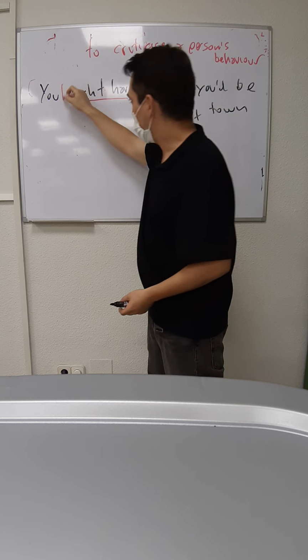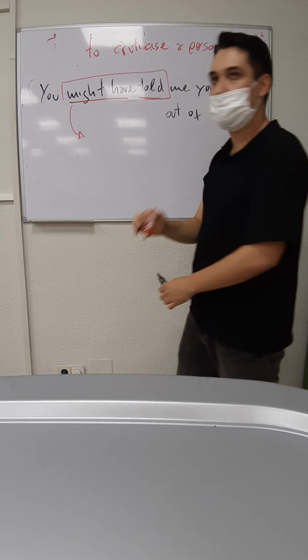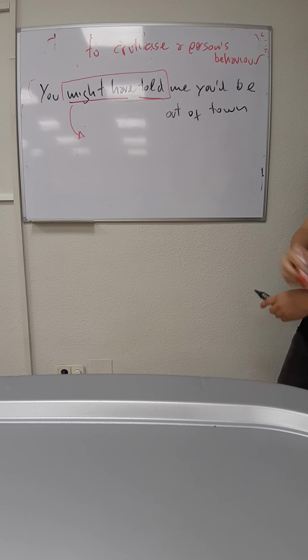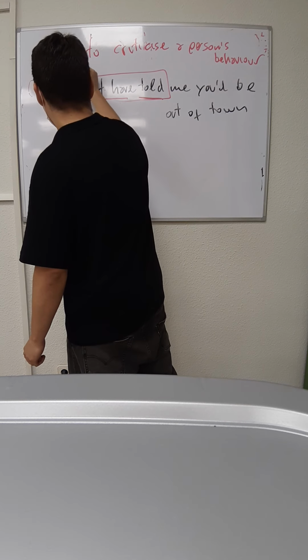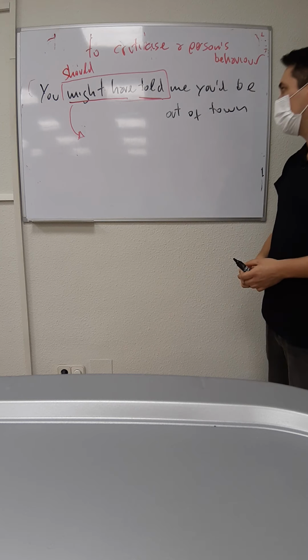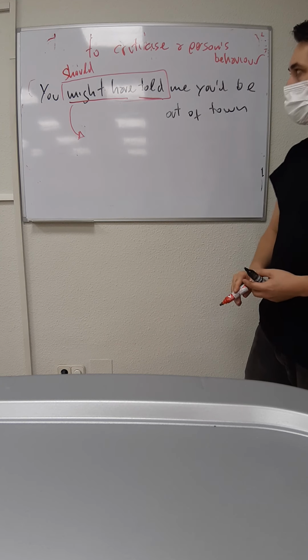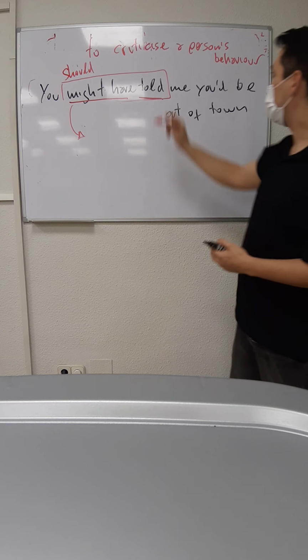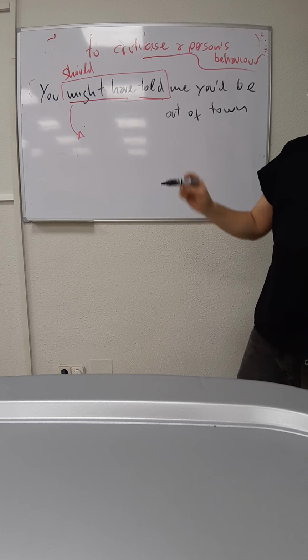Can you tell me any other structure that you already know that can be perfectly substituted for you might have told me? You should have told me. So very similar to you should have told me. You might have told me that you'd be late or that you'd be out of town, to criticize a person's behavior.